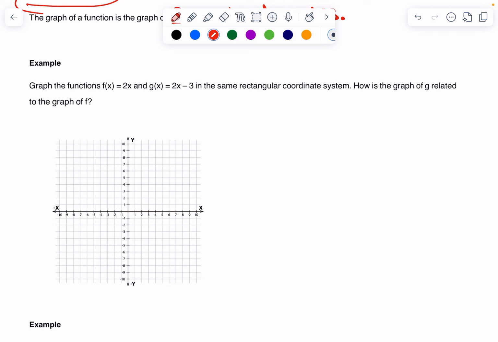Okay, we're going to graph the functions f of x equals 2x and g of x equals 2x minus 3 in the same rectangular coordinate system. How is the graph of g related to the graph of f? So what we need is to select integers for x, starting somewhere here.